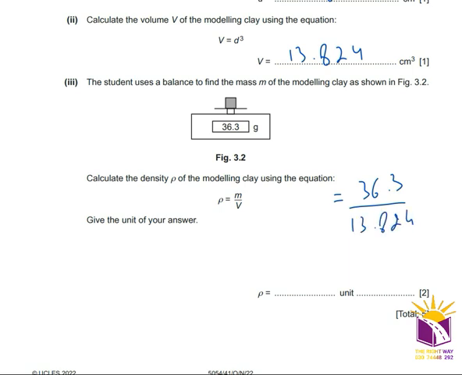So 36.3 divided by 13.824 will be equal to 2.625, so I am writing 2.63. Unit will be gram per centimeter cube.